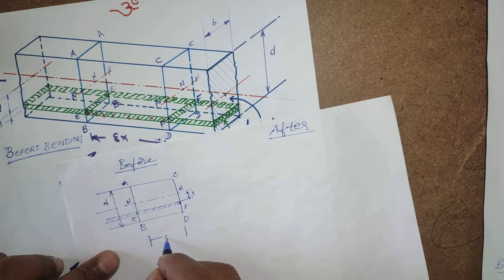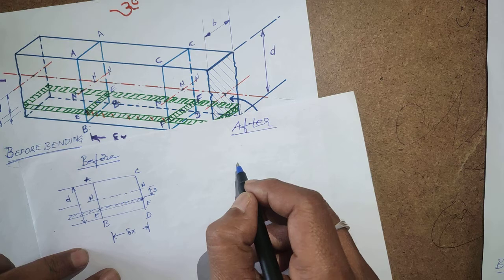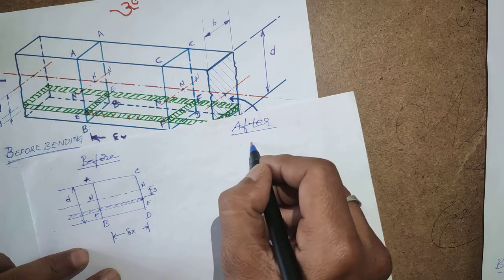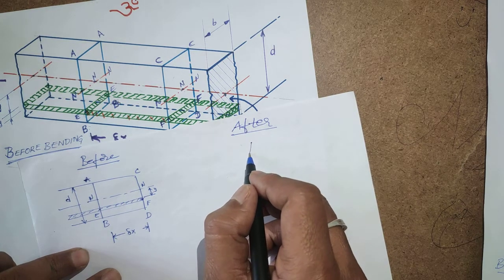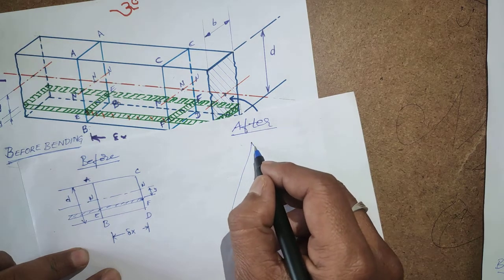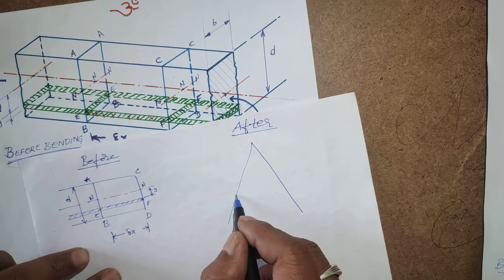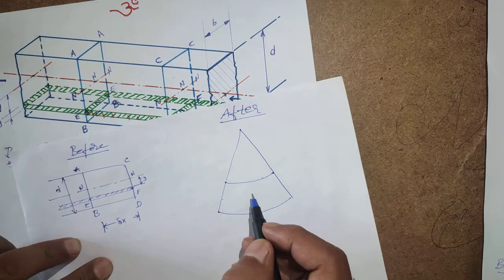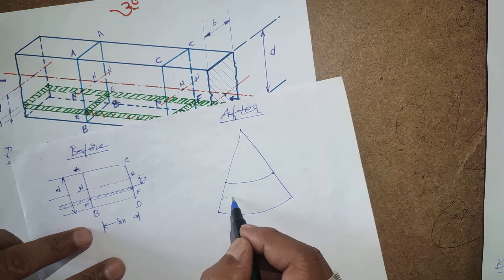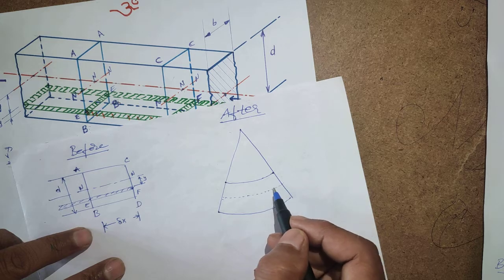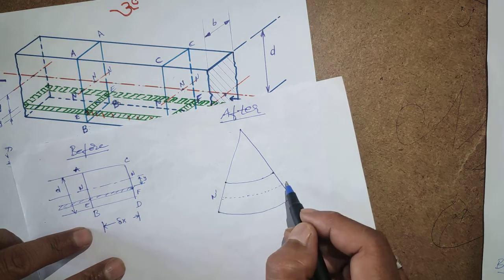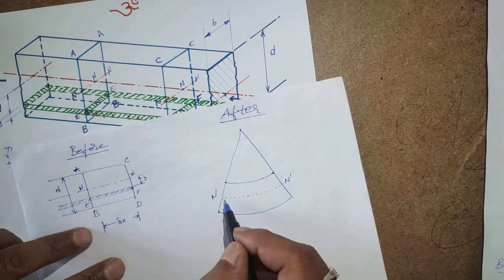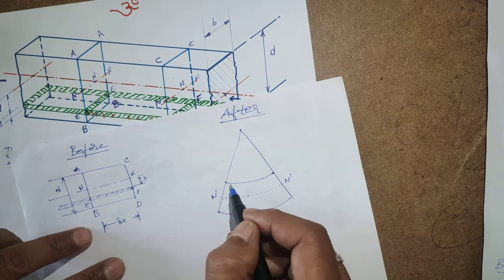Assume this length is delta x. So after bending about a curvature, it will deform like this. This is the neutral axis, changing to N dash, but there is no change of this length.